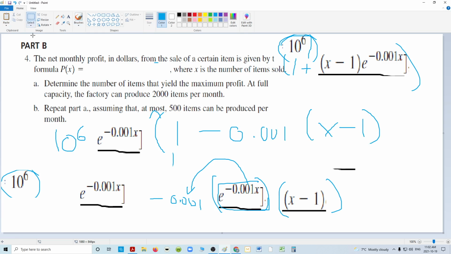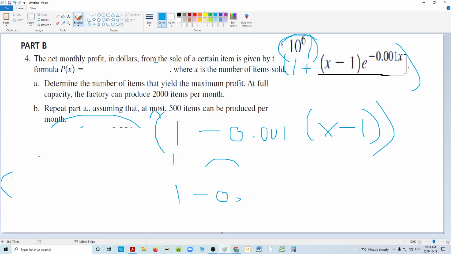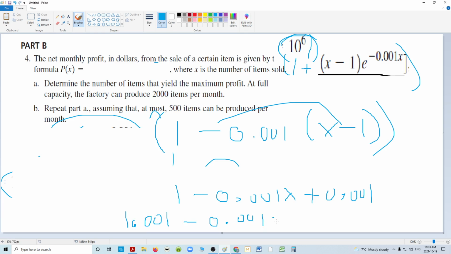Great. Now, quite quickly, it's obvious that this can never become 0, so I can just ignore it. But the bracket can. So when I solve it, I get 1 minus 0.001x plus 0.001. That becomes 1.001 minus 0.001x.